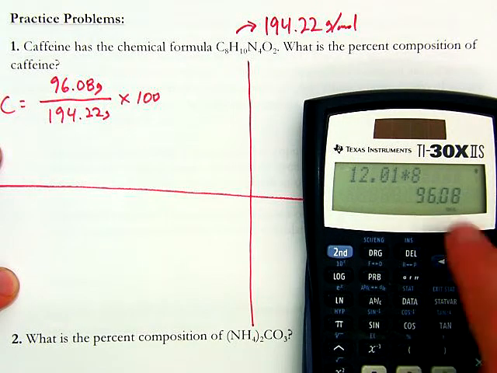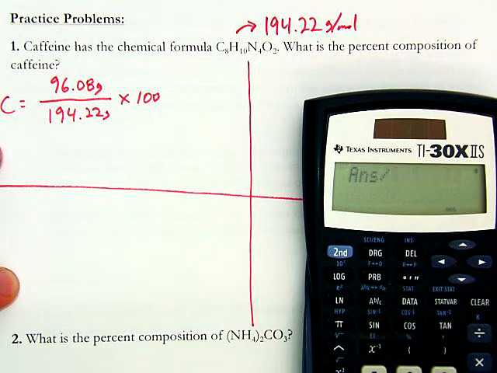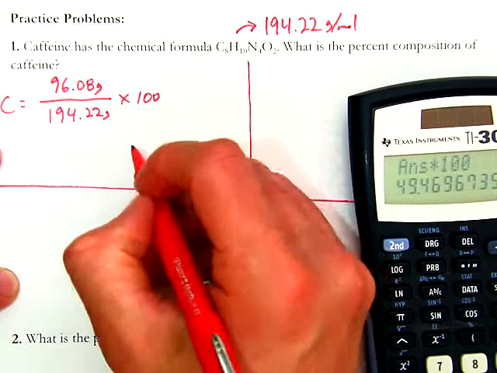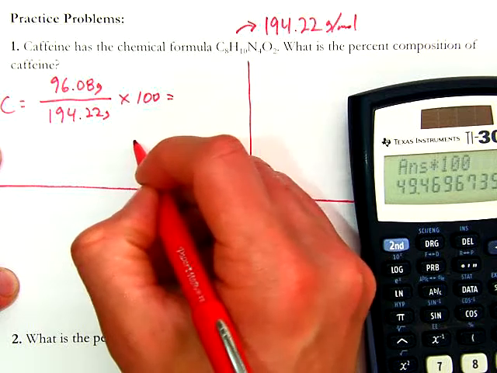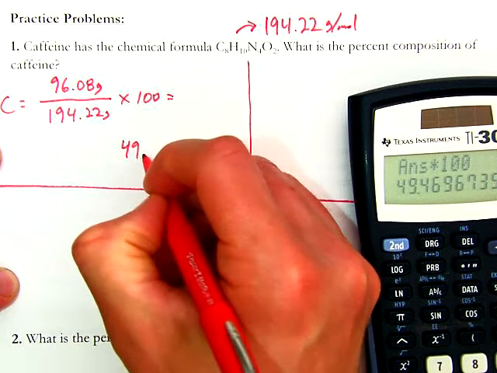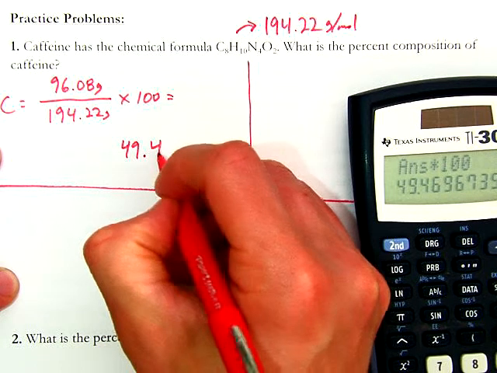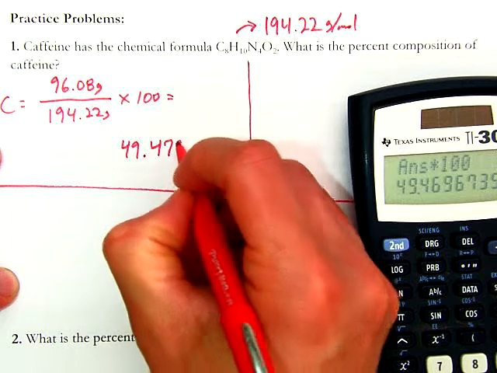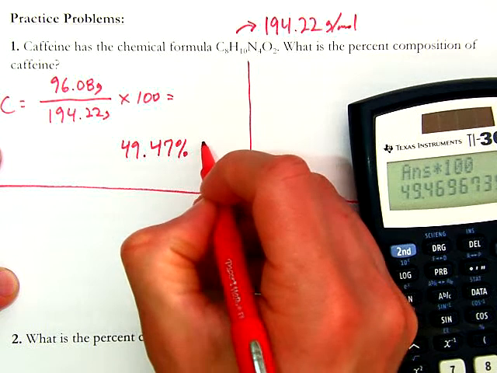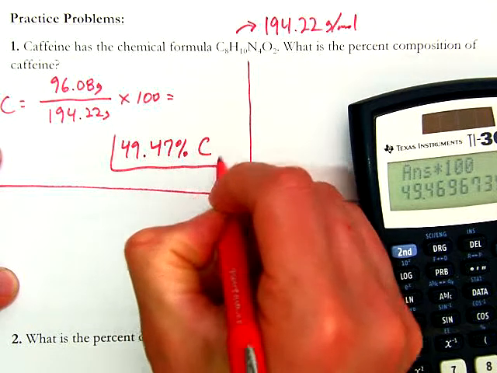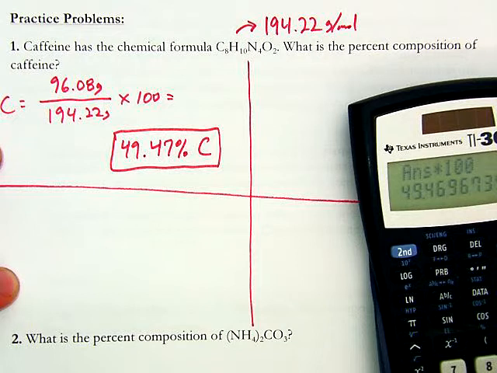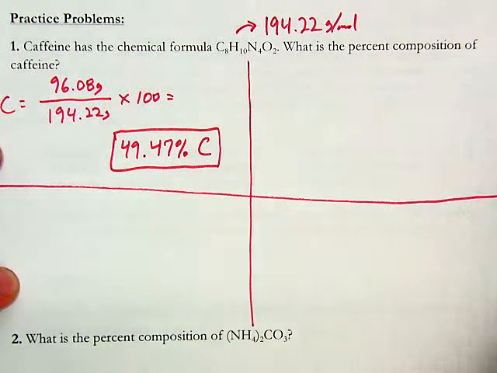So this number divided by the total mass is some number times 100. Pretty close to 50%. Okay, so that's 49.47% carbon by mass. So a little bit less than 50% of the mass comes from carbon.